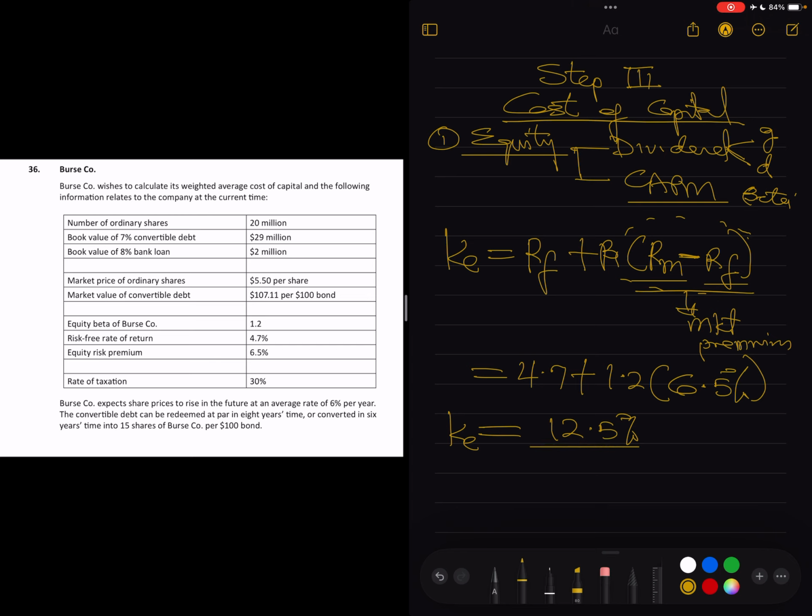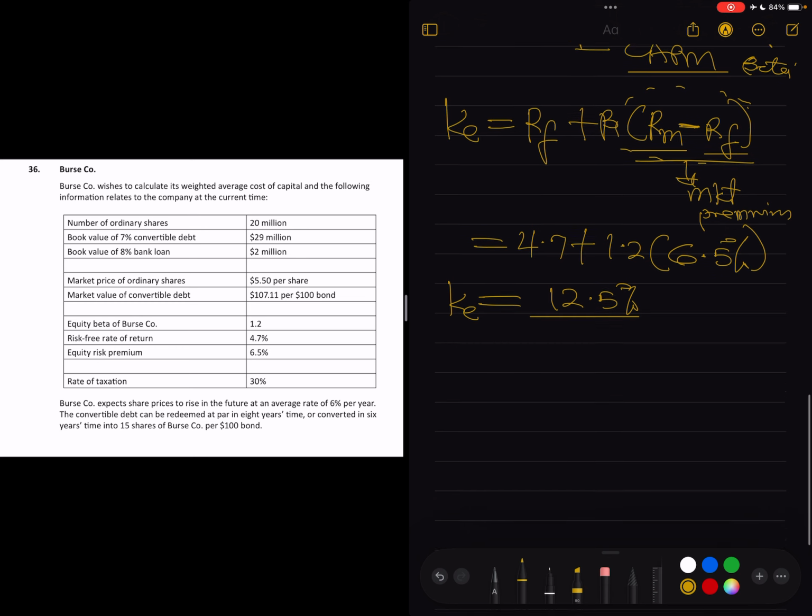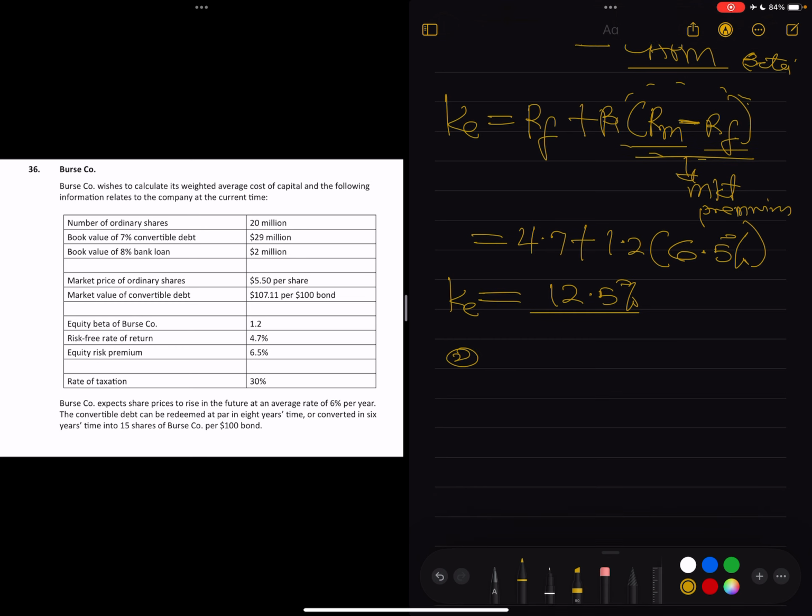So now we have the cost of equity. The next one, the second one, is the cost of convertible bond, which you need to pay attention to. Convertible debt is extremely important.